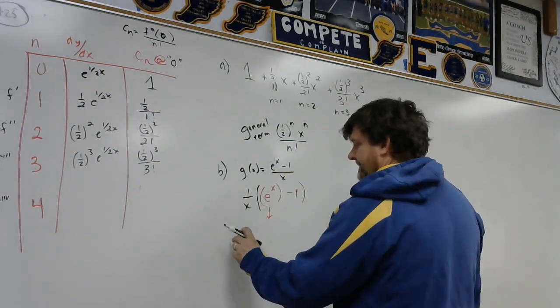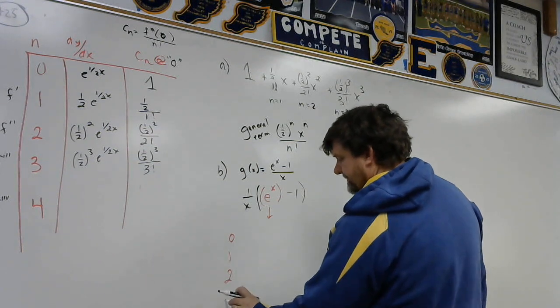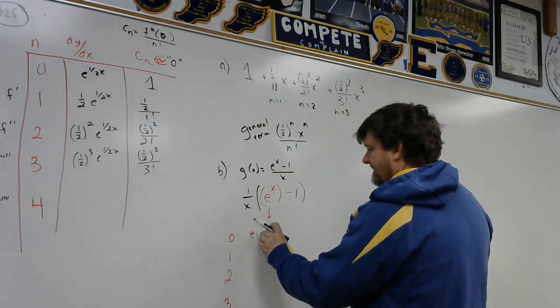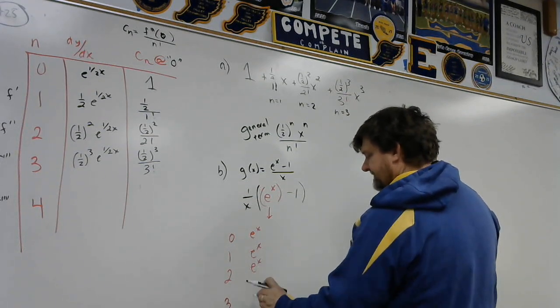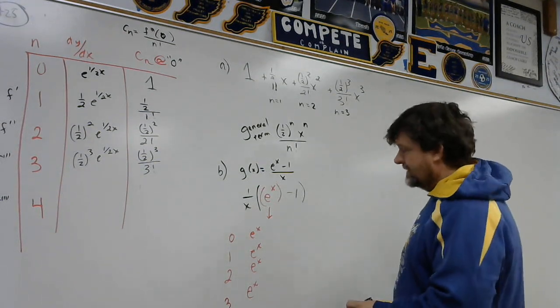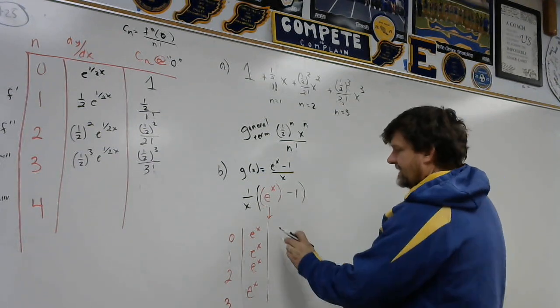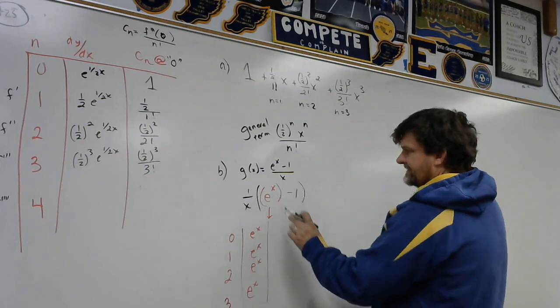So if we do that, we got 0, we got 1, we got 2, we got 3. And so we have e to the x, e to the x, e to the x, e to the x. See what I mean? E to the x's are just beauties. So then that's my first piece. Now I've got e to the x at 0, because I'm not shifting it.